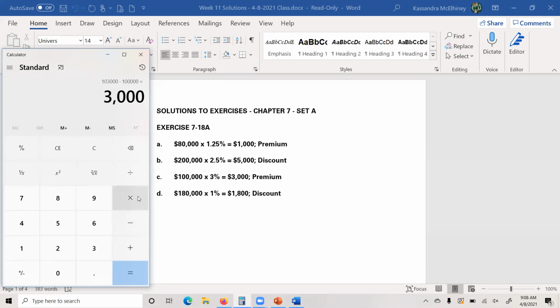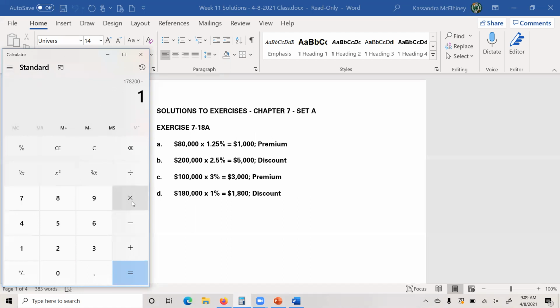Part D, the final part to that problem, is Willow Company, who issues $180,000 of 15-year 7% bonds at 99. So they're going to issue those bonds at 99% of face value. So face value times 99%, $178,200 would be the proceeds from the bond issue.